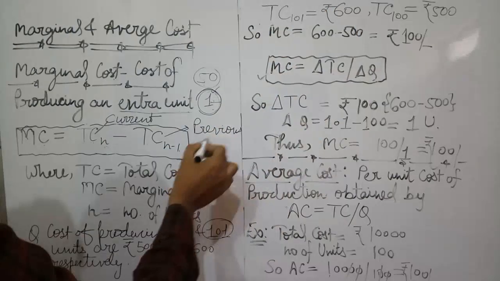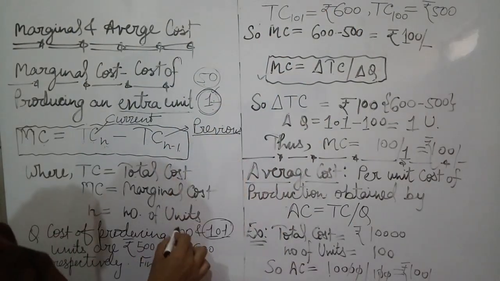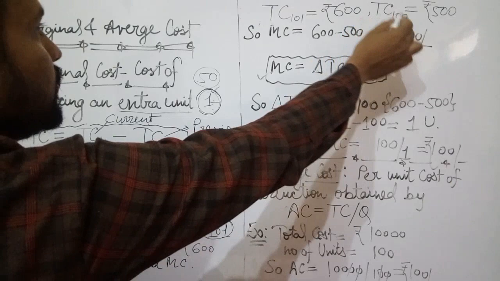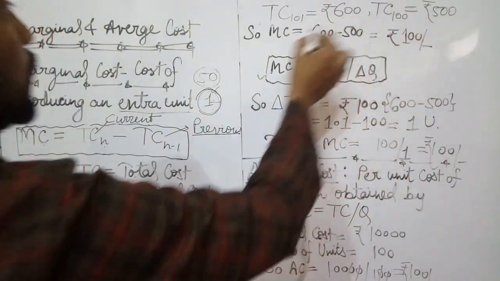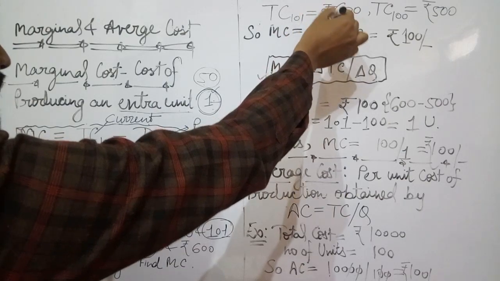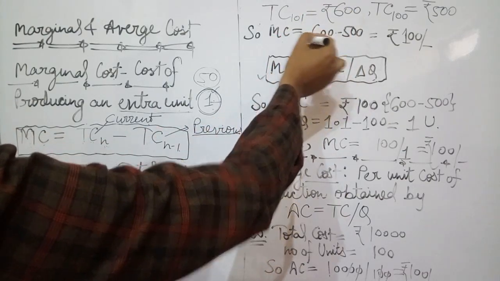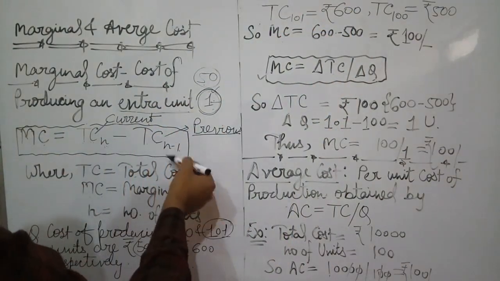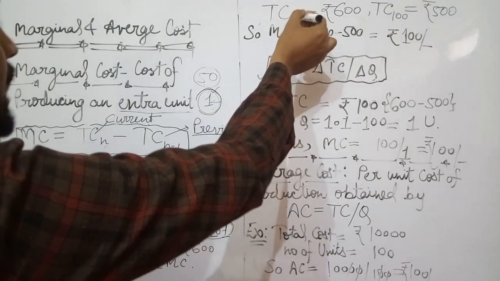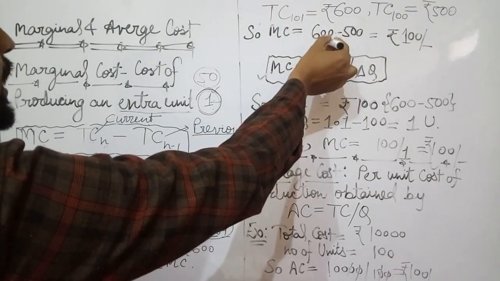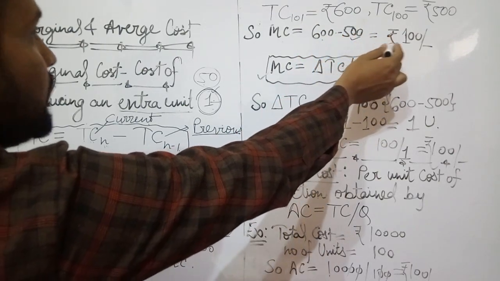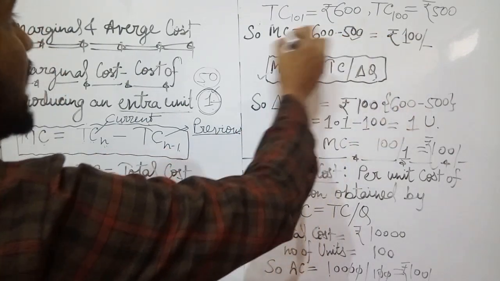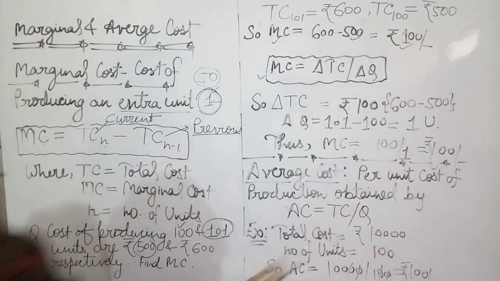In the same way, previously we were producing 100 units, so the total cost of 100 units is given already, that is 500. We can put these values into the formula. MC is equal to TCn minus TCn-1, that is 600 minus 500. We get the value, rupees 100. So MC is equal to rupees 100.